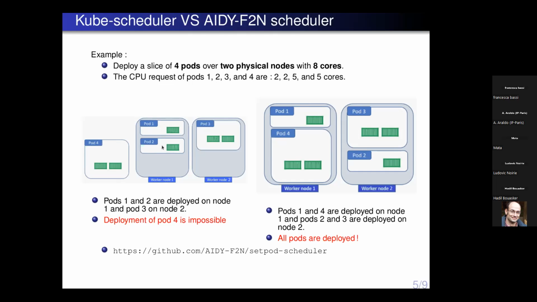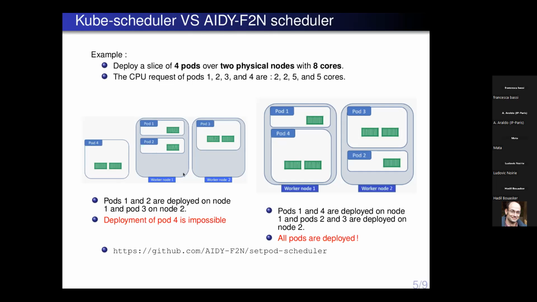After deploying the first one, it will go to deploy the second one. Here again you need 2 cores, and here you have 6 cores left, because pod 1 is already deployed on this machine. So it will deploy pod number 2 on worker node 1, in order to not use worker node 2.